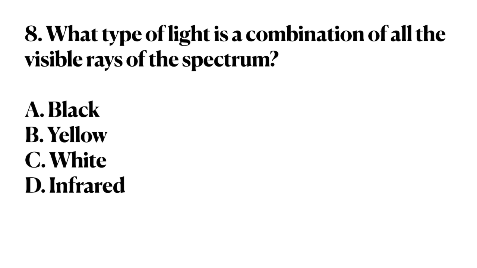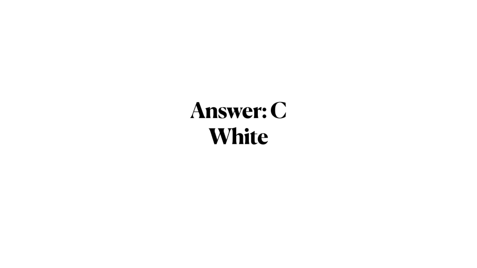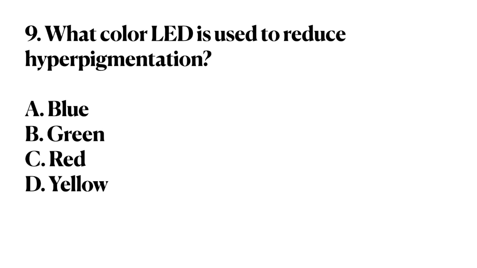What type of light is a combination of all the visible rays of the spectrum? A. Black. B. Yellow. C. White. D. Infrared. Answer C. White. What color LED is used to reduce hyperpigmentation? A. Blue. B. Green. C. Red.